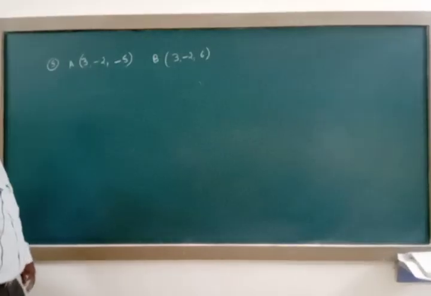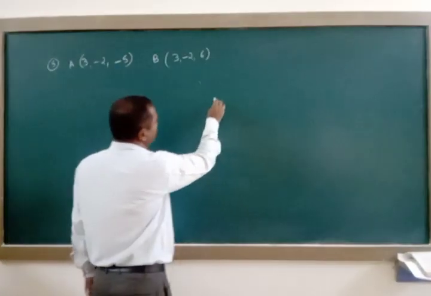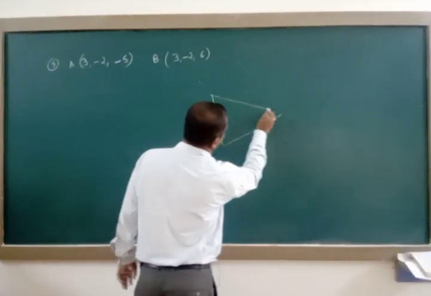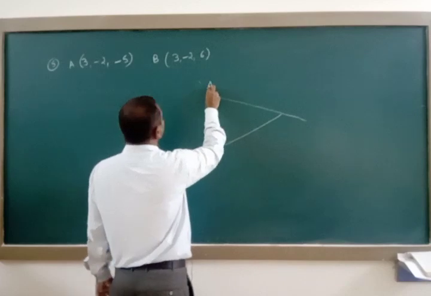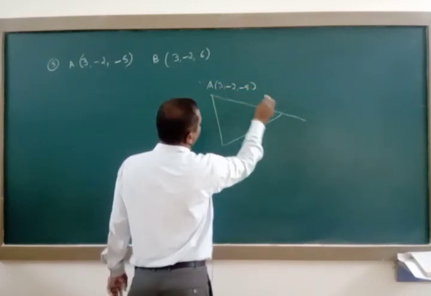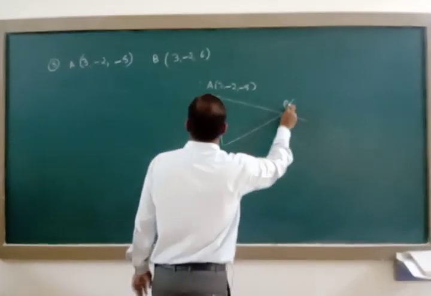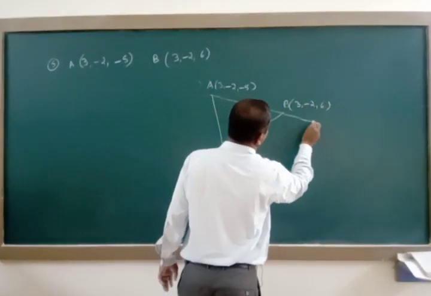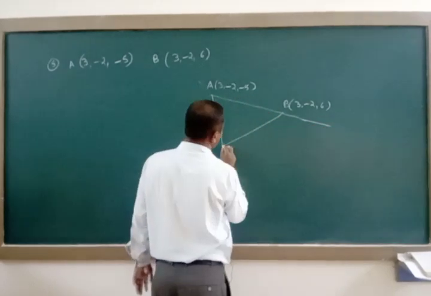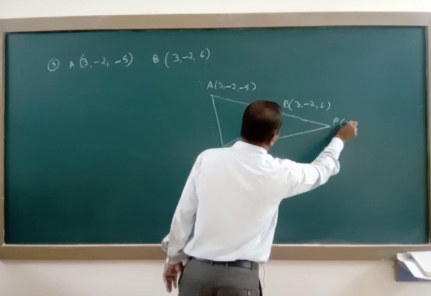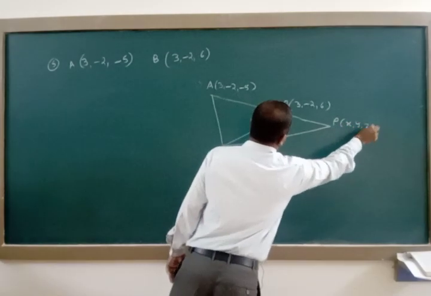2 points here also. Diagrammatically I am showing here. There are 2 points here. A is 3, minus 2, minus 5 here. B is 3, minus 2, 6 here. A general point you can take on this side or this side, but it should lie on that line, P here. It is x, y, z here.